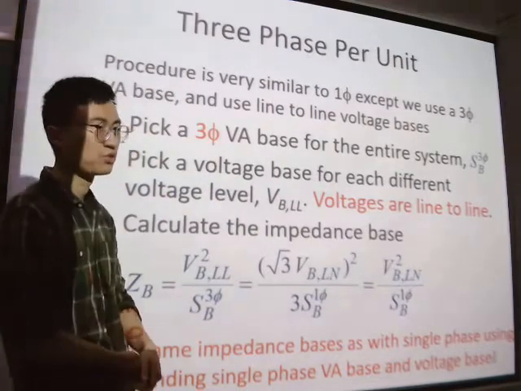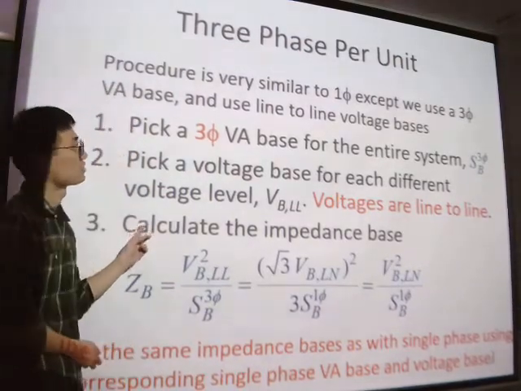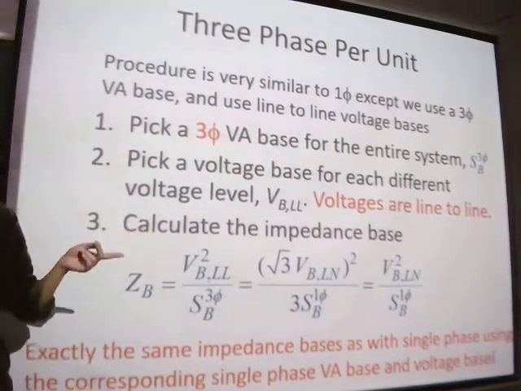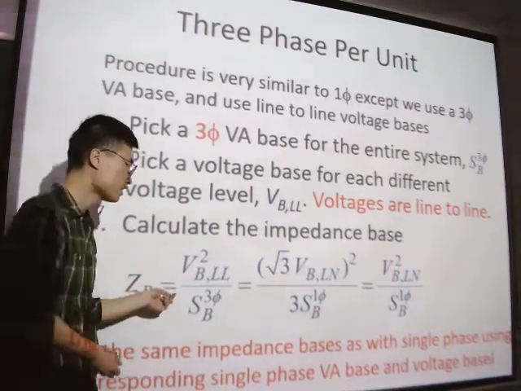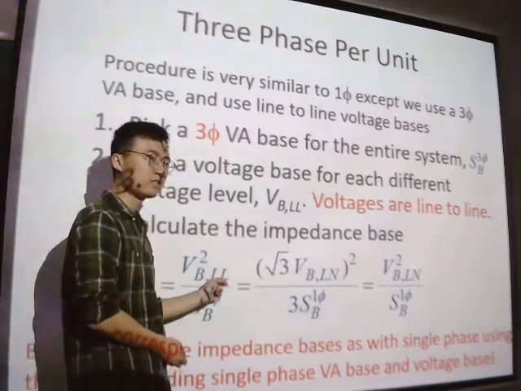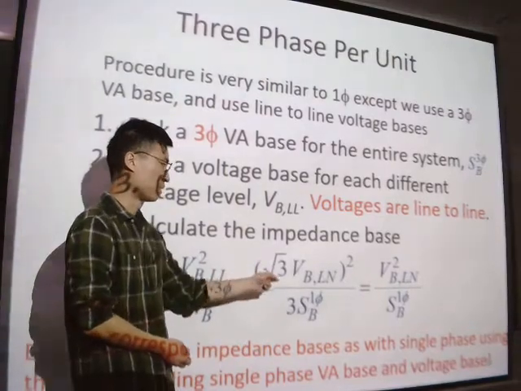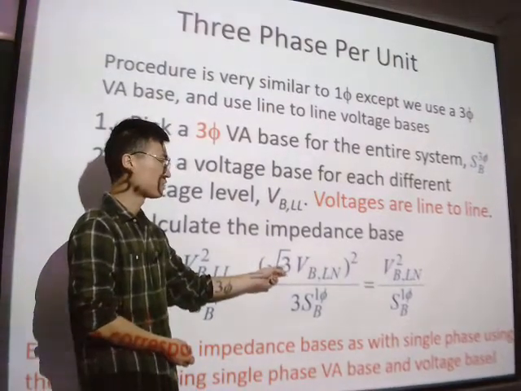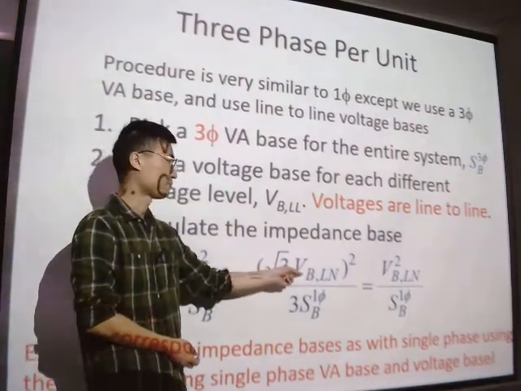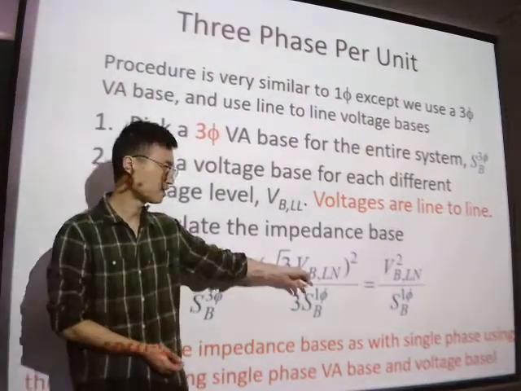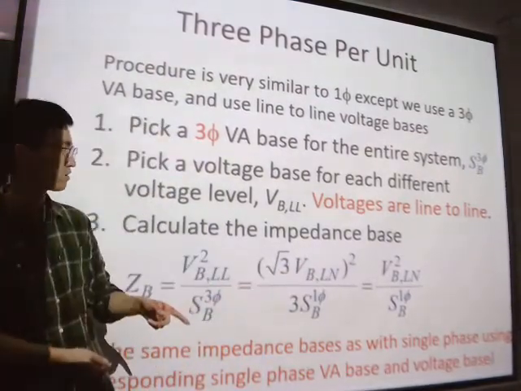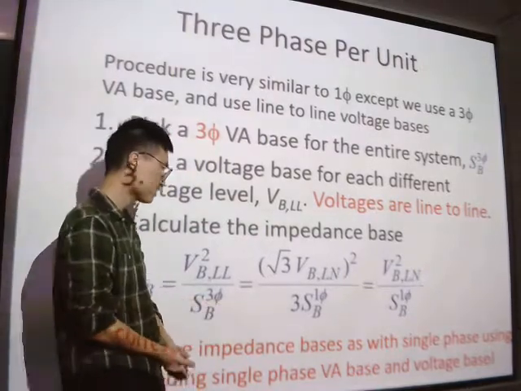Also, we will assume that the three-phase system is a Y connection. So the line-to-line voltage is equal to the square root of 3 times the phase voltage, which is the voltage to the neutral.